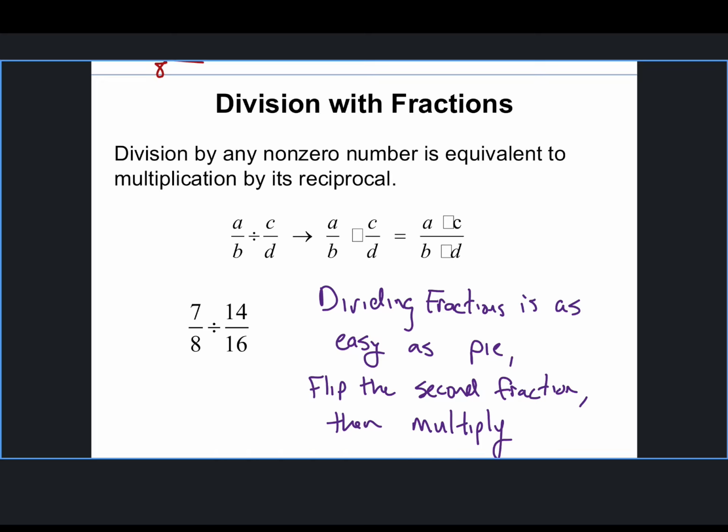Flip the second fraction. Is it keep, change, flip? It is. Keep, change, flip. So what do we do if we have a fraction a over b divided by c over d? Flip the second fraction, then you multiply.